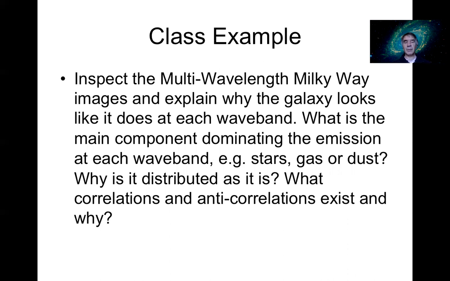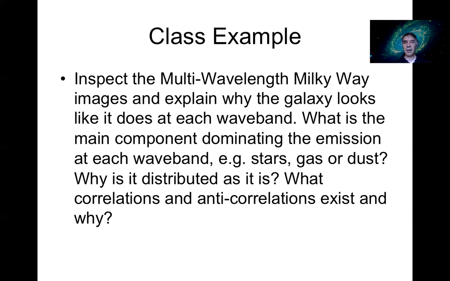And then ask yourself why they all look different. Why is the emission distributed as it is? Once you start to decode that, you can look for correlations and anti-correlations between the different patterns in the different wave bands.